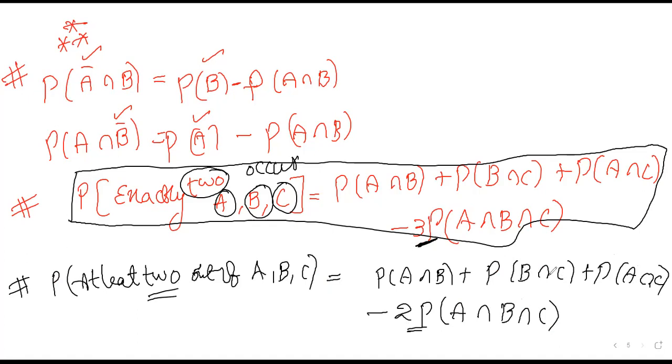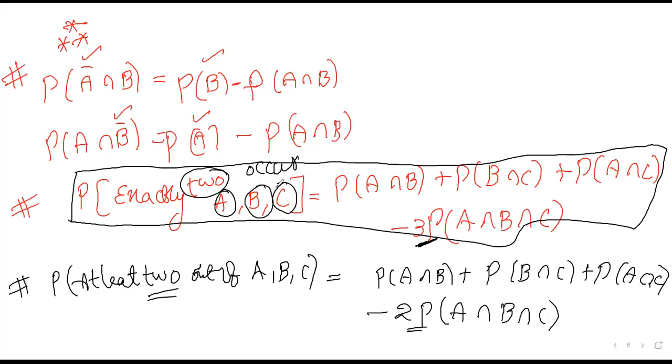Then exactly 2. There is a question again. Exactly 2. Are you getting my point? Yes. This is any of 2 and this is at least 2. Now my point is exactly 2.